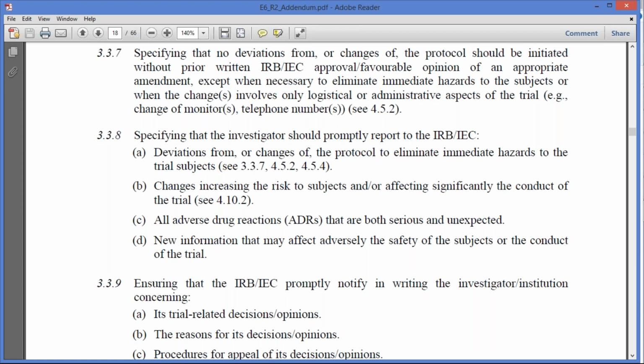All these areas should be informed. So from the site, the investigator will be submitting all these to the IRB.